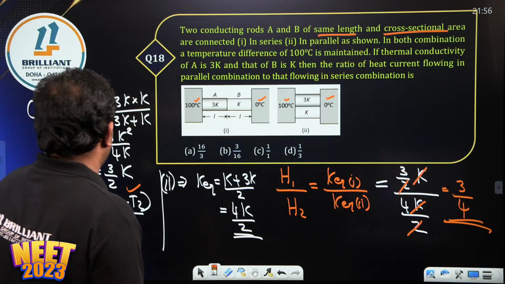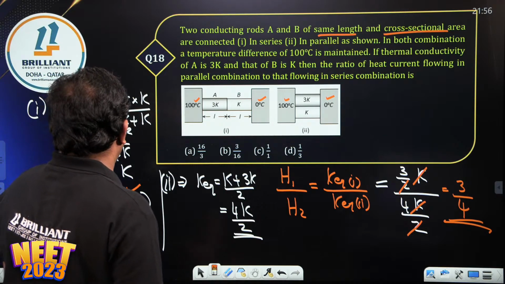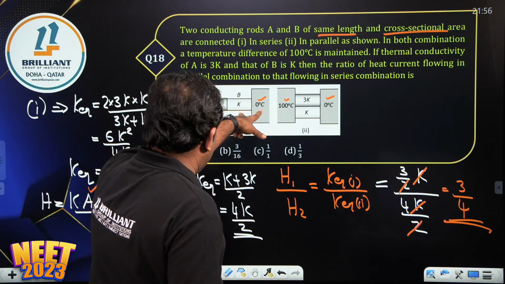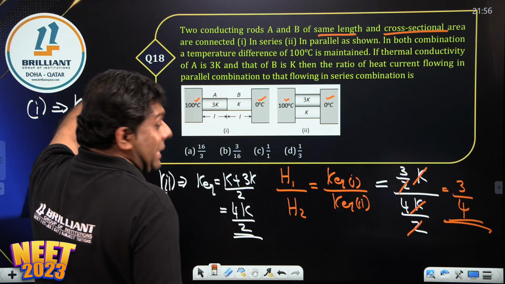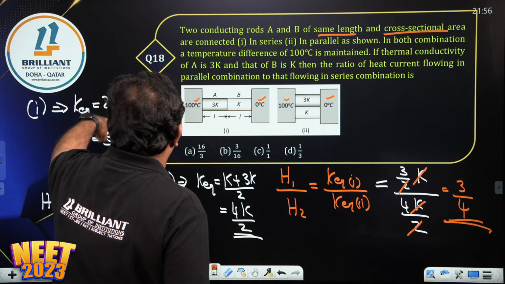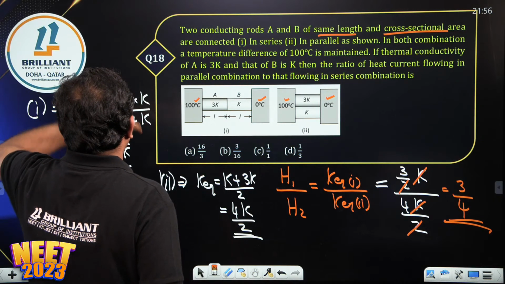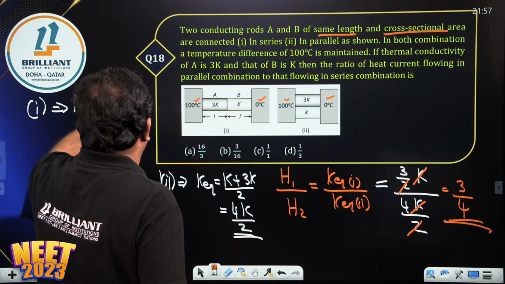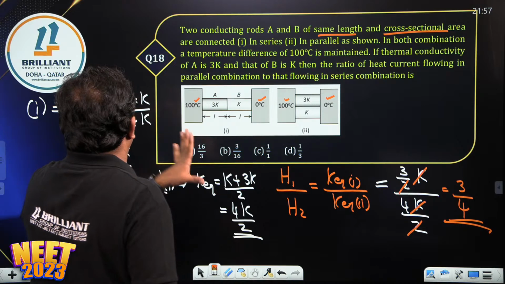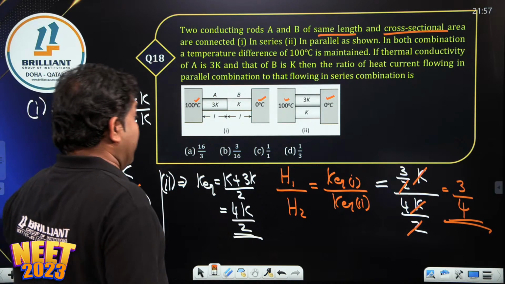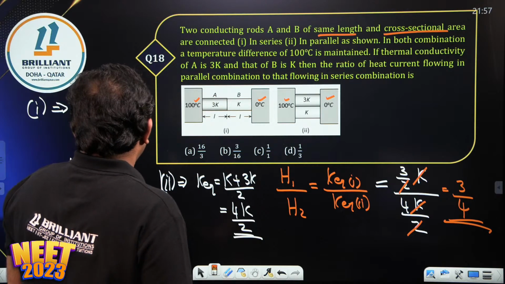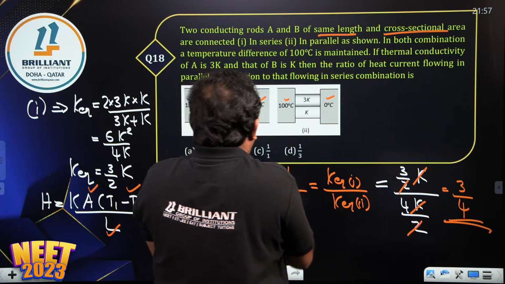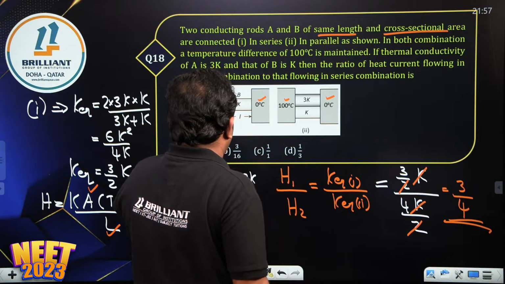Let me correct that picture now. If there is any error, please make it clear. First of all, in the first case they are connected in series, so the equivalent is 2K1K2 divided by K1 plus K2, which is 2 into 3K into K by 3K plus K, 6K square divided by 4K, that is 3 by 2 K. In the next case, they are connected in parallel, K plus 3K divided by 2, that is 4K by 2.